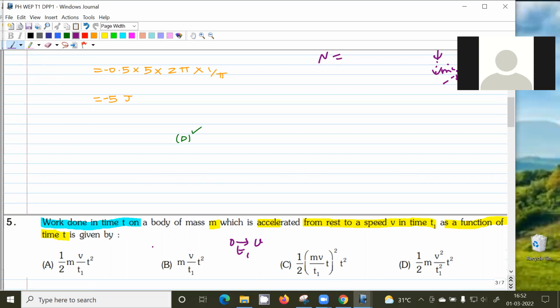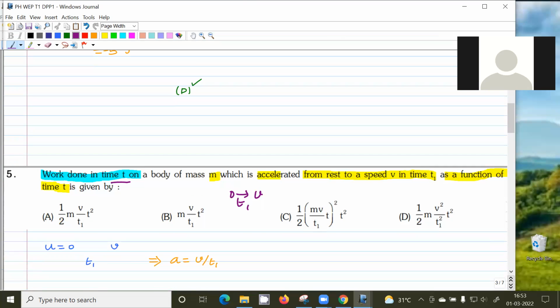The velocity is increasing in time t1, but he's asking the work done in time t. So the work done in time t is increasing the kinetic energy. It's half m v square. Option D, yes, sir, from the dimensional analysis. Half m v square. Fourth option.